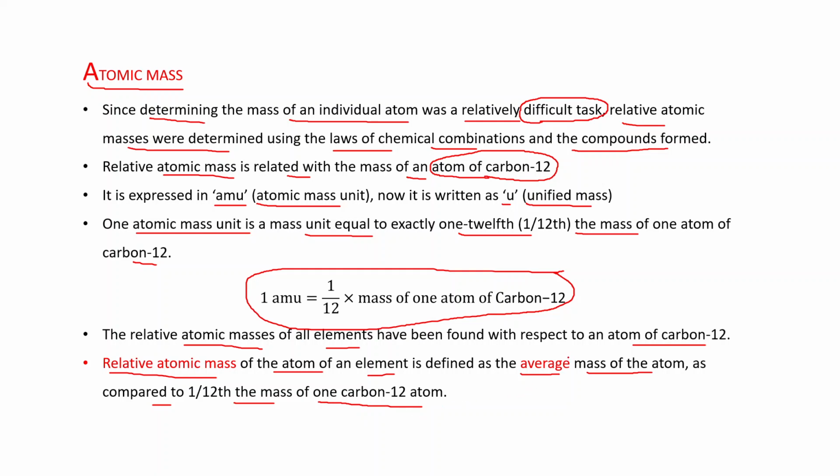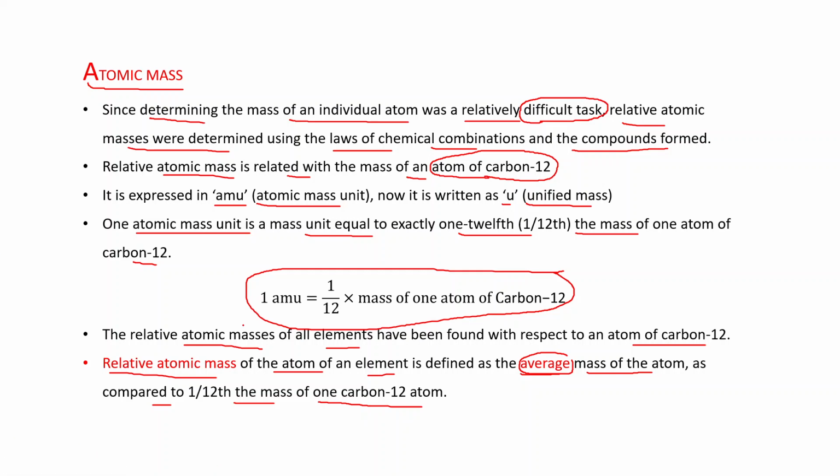In this definition, why is the word average there? Actually, we take the average of the masses of all the isotopes of a particular element. What are these isotopes? We will discuss later in this chapter.